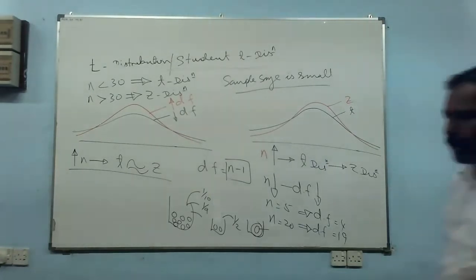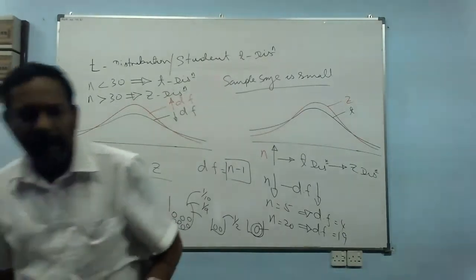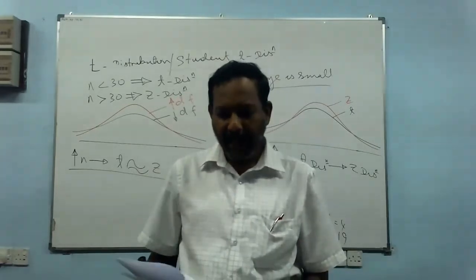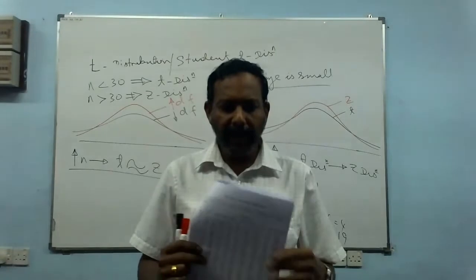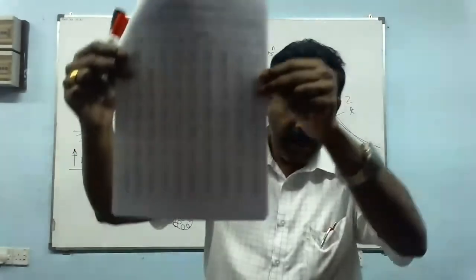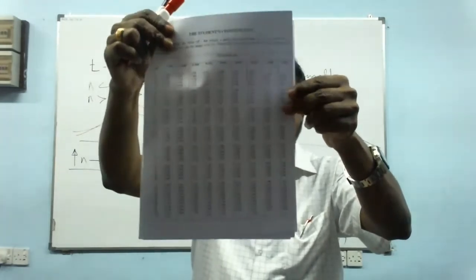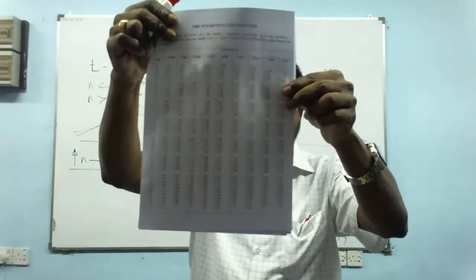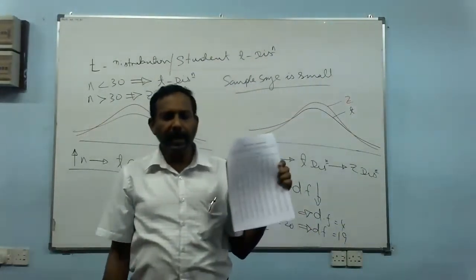So I'm going to show you how to look at the table. Don't ask again how to look at the table, right? Take the table. The table says student t distribution table. Can you see this table? Anyone can't see the table? So that is the table.